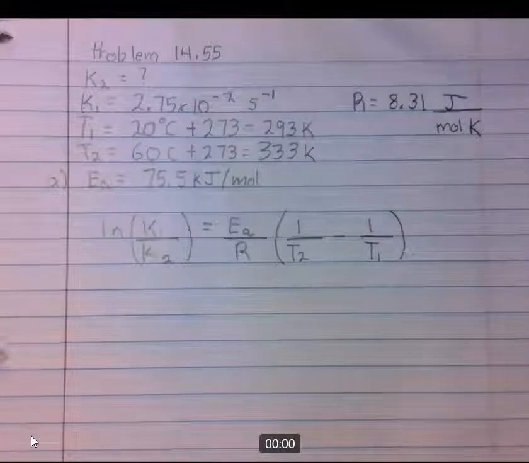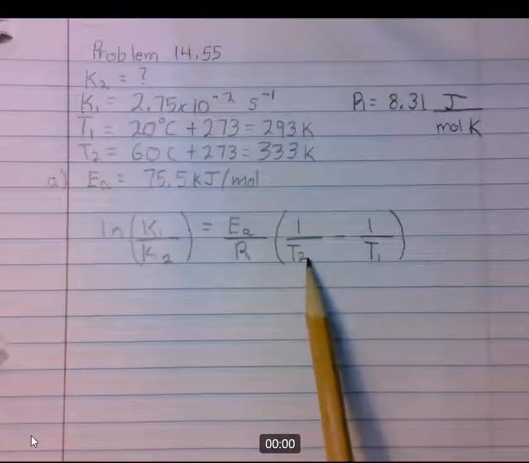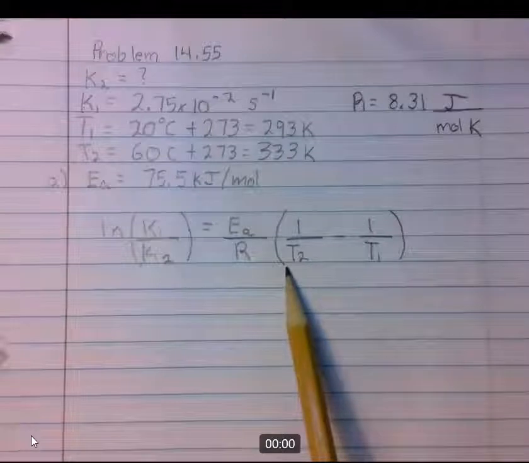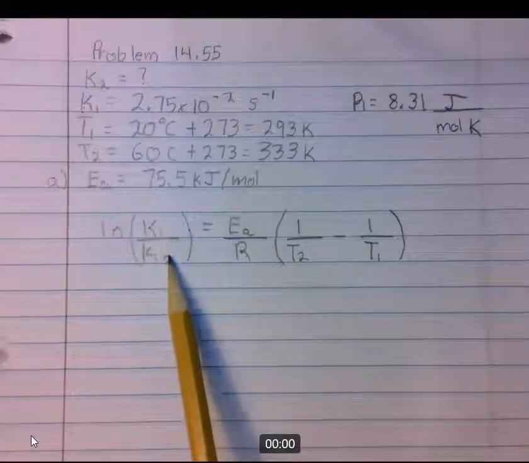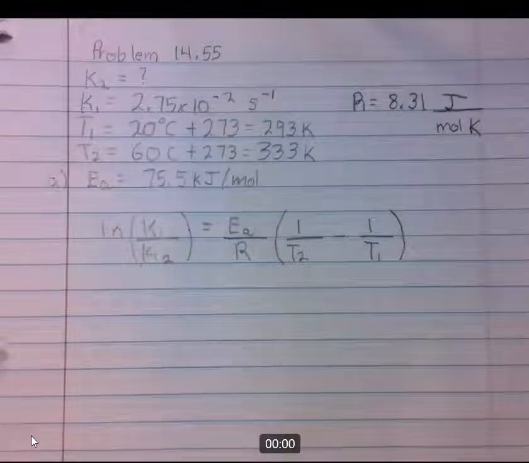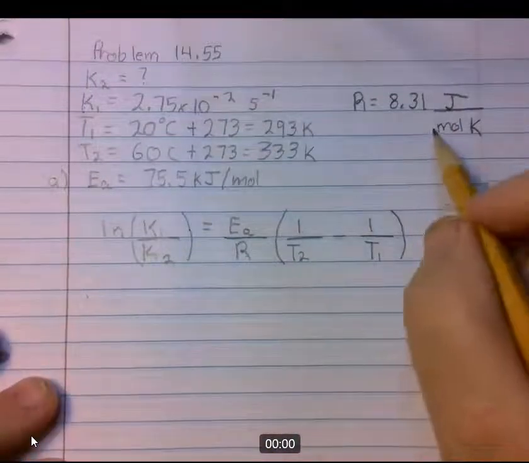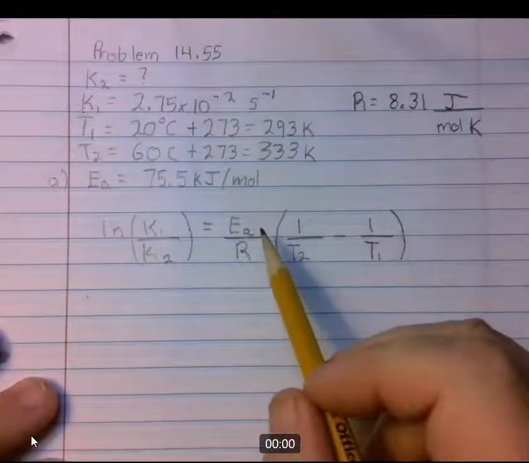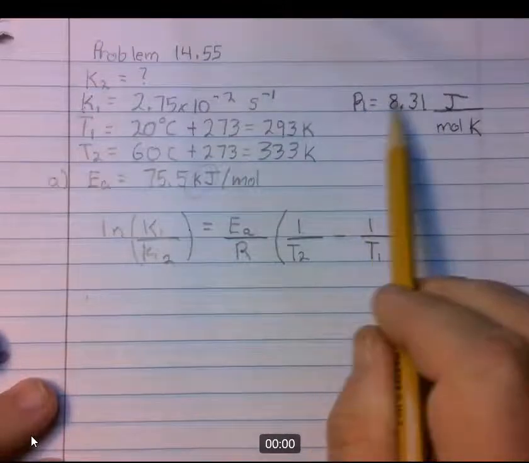Okay, so what we see is the following. We have this number, we have two temperatures to work with, and we have K1. And so what we're trying to find is K2. All right, so let's go ahead and do that. One thing we're going to need to do, though, is the activation energy is in kilojoules per mole, and the gas constant is in joules.